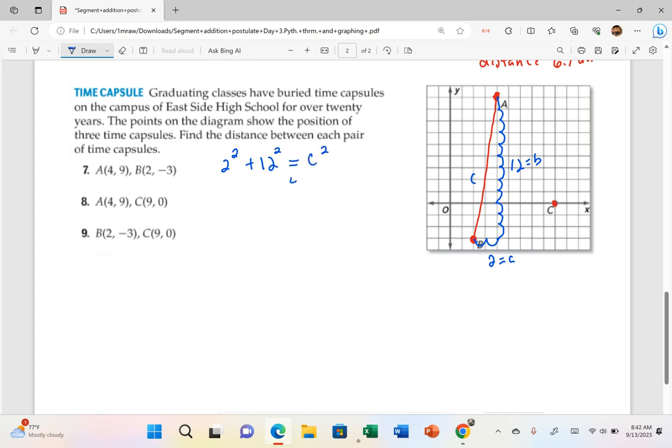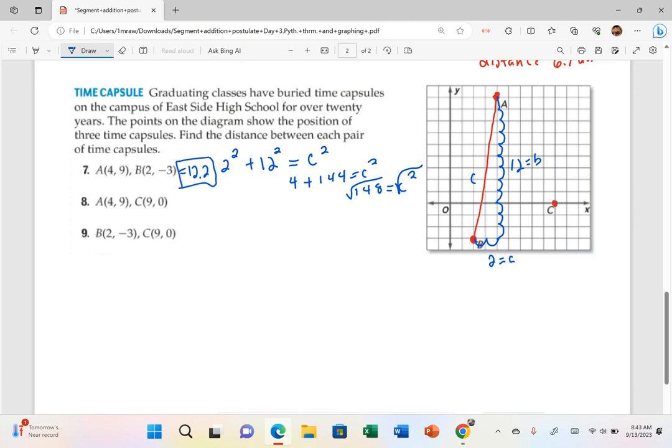So that's 4 plus 144 equals C squared. 148 equals C squared. We take the square root and we round to one decimal place. The square root of 148 is going to give me 12.2. So the distance between here is 12.2 units.